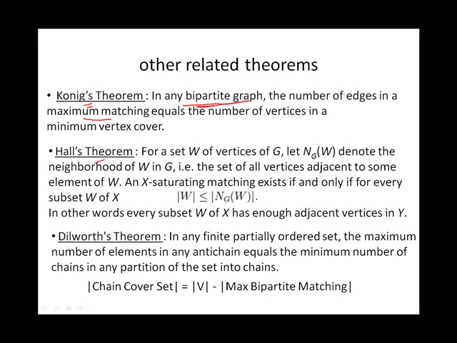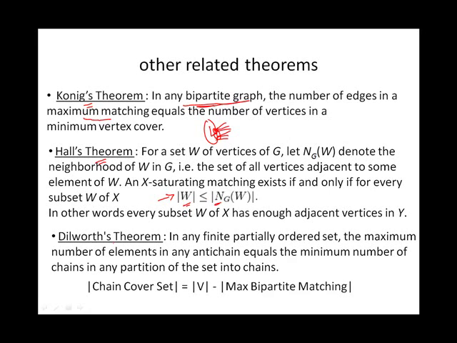And Hall's theorem tells that if you select any subset of vertices on the left side of a bipartite graph and look at the set of neighbors for this set selected, and if the number of neighbors is greater than or equal to the number of vertices selected for any set we select, then it has a perfect matching. Perfect matching in the sense that each of the vertices in the left side is matched to some vertex on the right side.